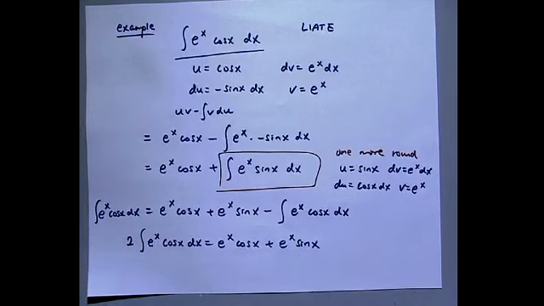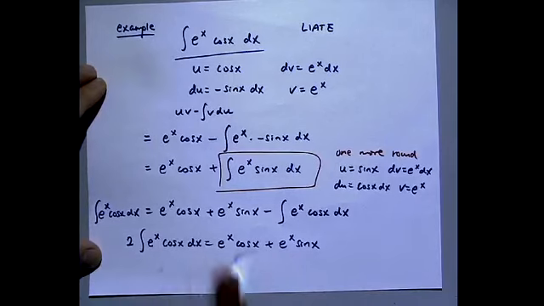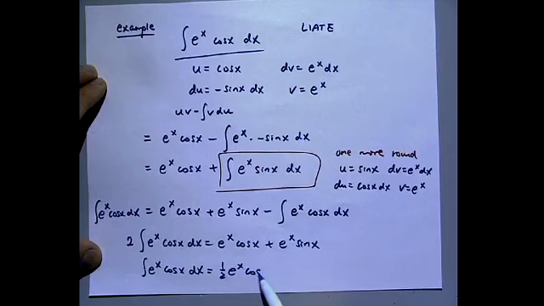Right? I get twice of what I wanted. So what I really want then, what I really, really want is this. And I know I'm going to need a constant, so I'm just going to put it down here, plus c.